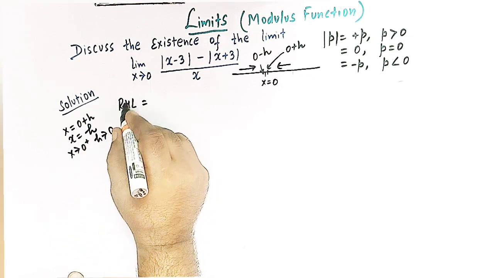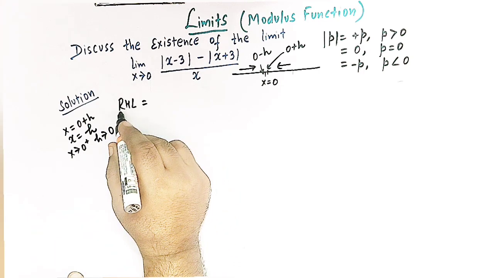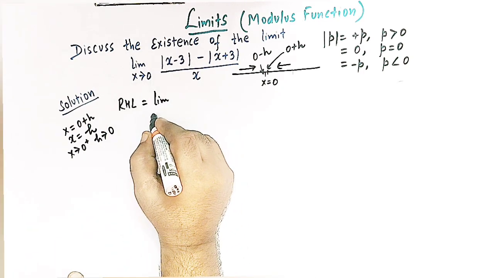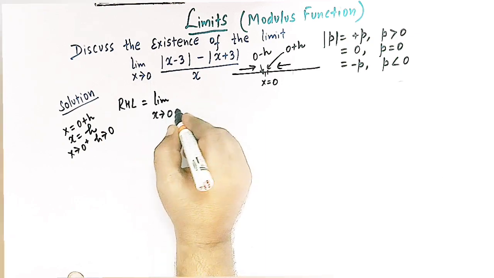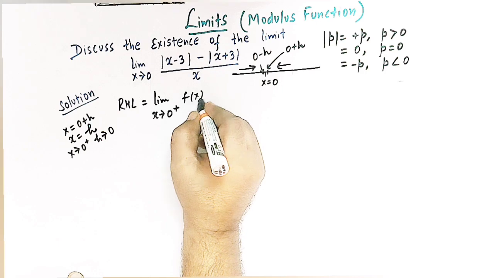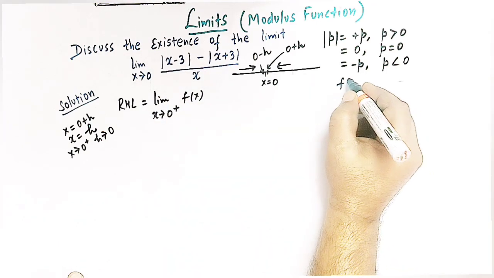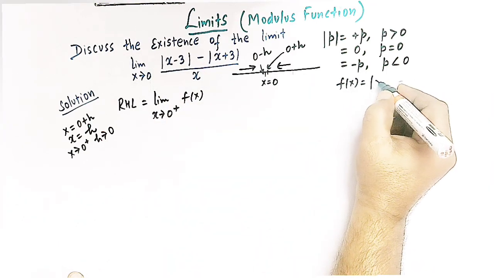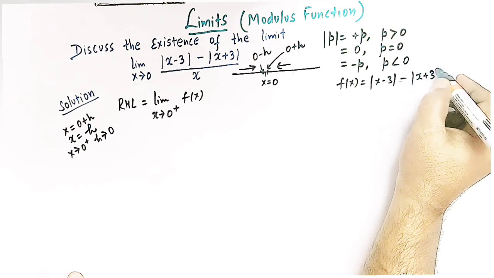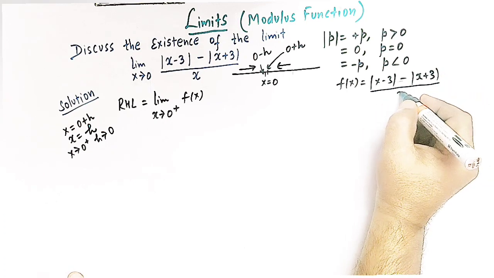So here the notation for the right hand limit is given by limit, and here we can write x tends to 0, and here we write a positive sign, and here we have f of x. So our function f of x is given by mod of x minus 3 minus mod of x plus 3 divided by x.